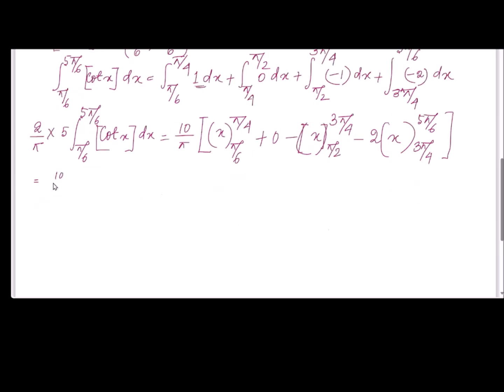this will be 10 over pi, pi by 4 minus pi by 6, next is 0, next is 3 pi by 4 minus pi by 2, last is 2 times of 5 pi by 6 minus 3 pi by 4.